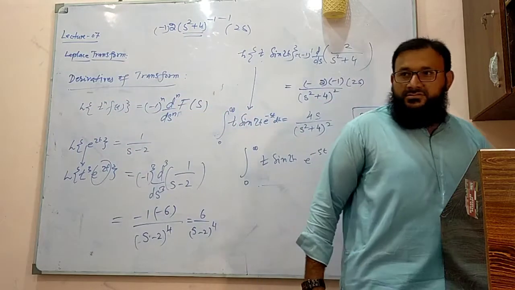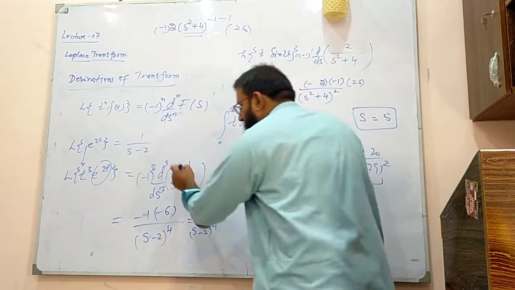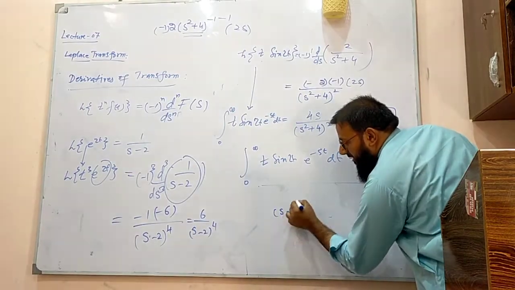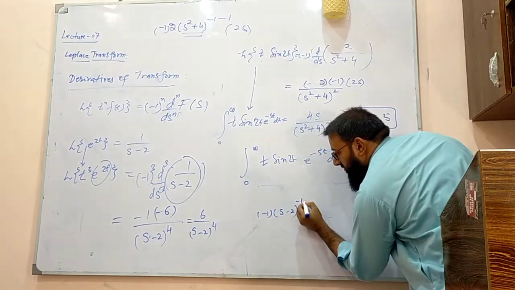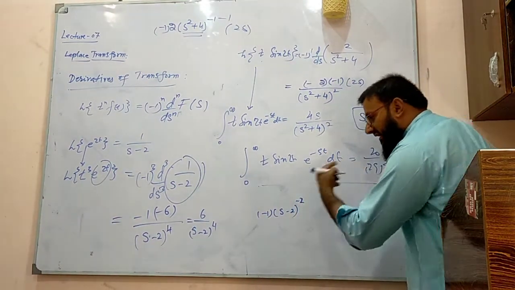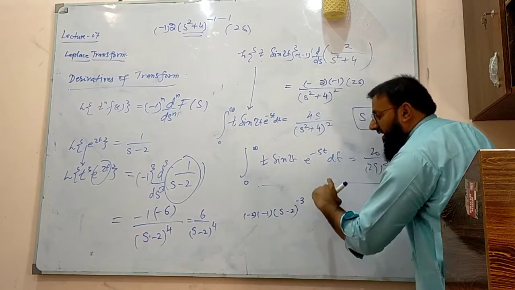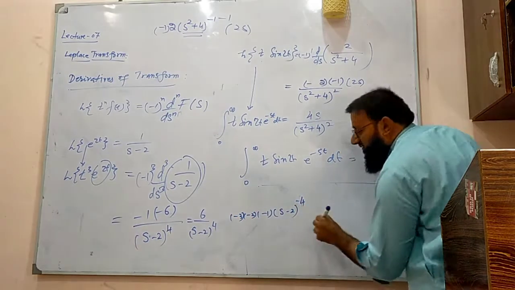Sir, does minus 6 come? I differentiated this 3 times. This is s minus 2 power minus 1. I differentiate once, minus 1 comes down, this becomes minus 2. I differentiate again, minus 2 comes down, this becomes minus 3. I differentiate a third time, minus 3 comes down, this becomes minus 4.